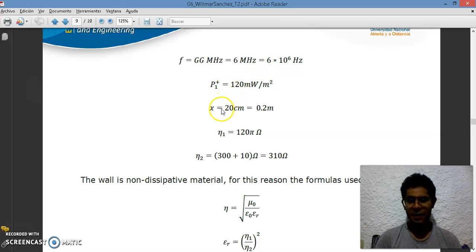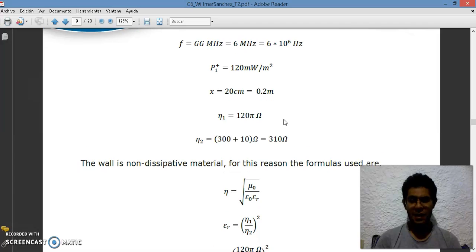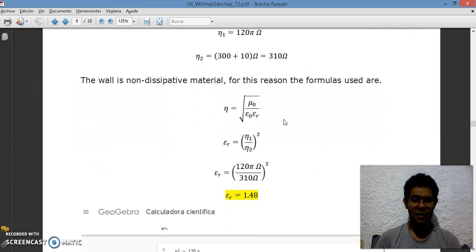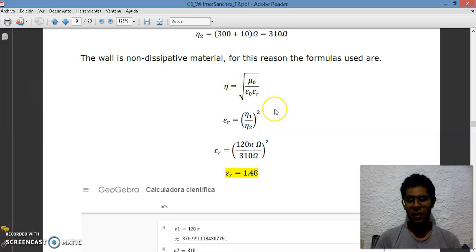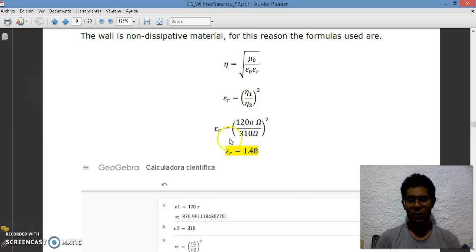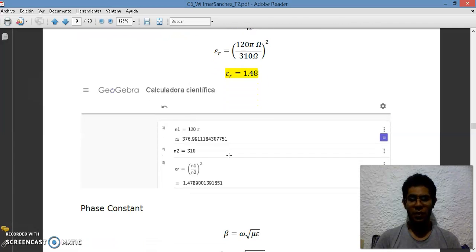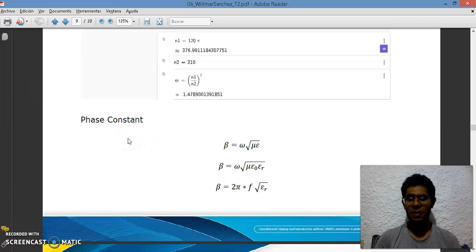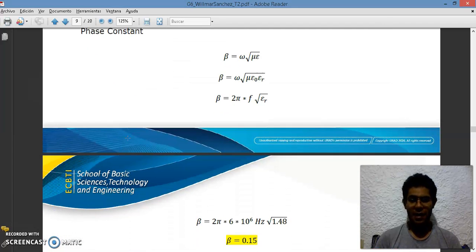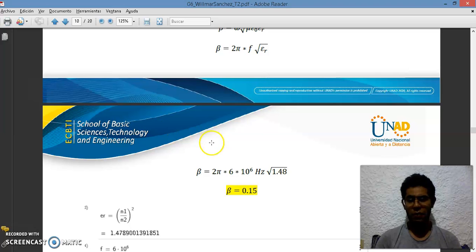Power, distance, the media, coefficient, refraction, and okay, as it is a non-dissipative material, I use the next formula to find epsilon sub r, that is 1.48, and with epsilon I find the phase constant, beta, and the value found was 0.15.